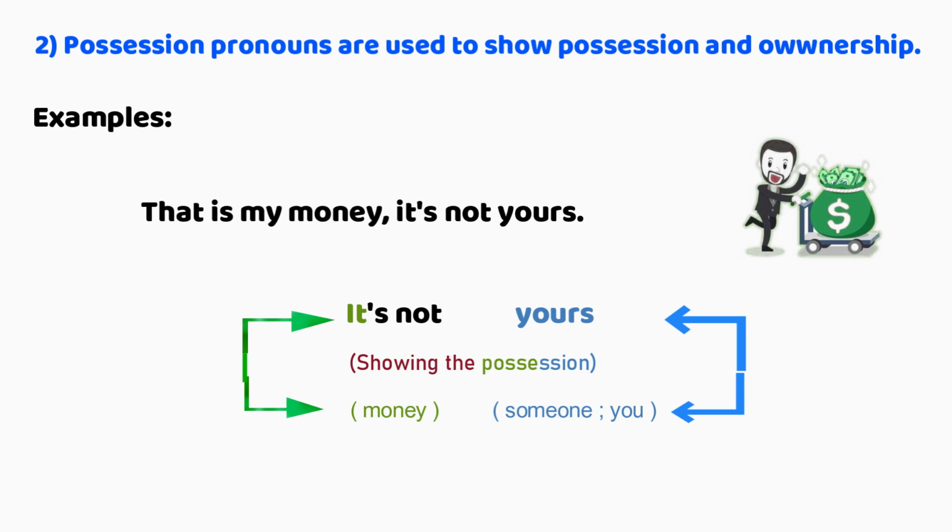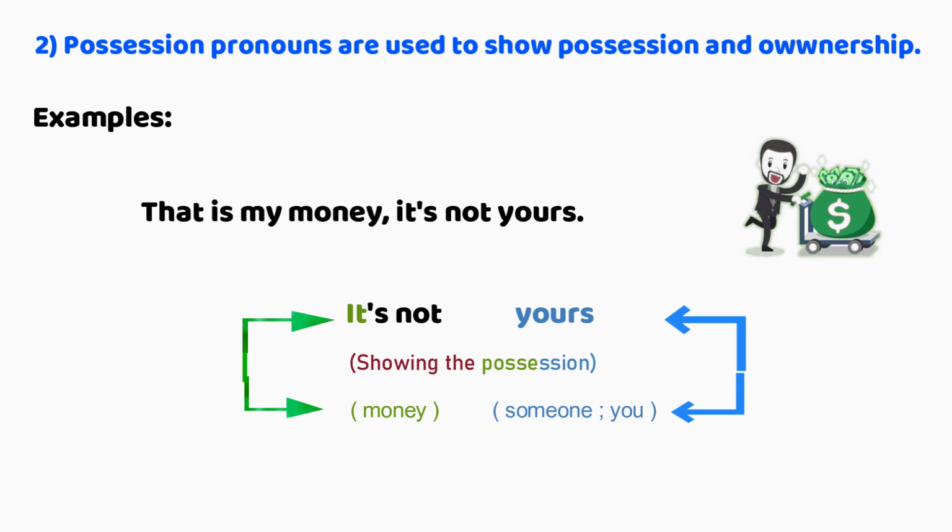As we have here, money is the actual noun, and yours can replace someone else or somebody, and refer to someone. We can use, for example, it's not your money. Here we avoid repetition of the word money.